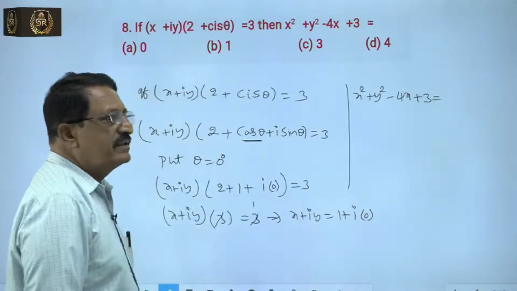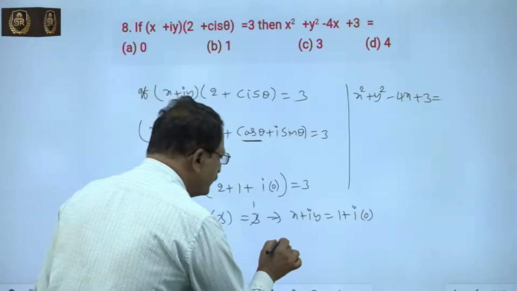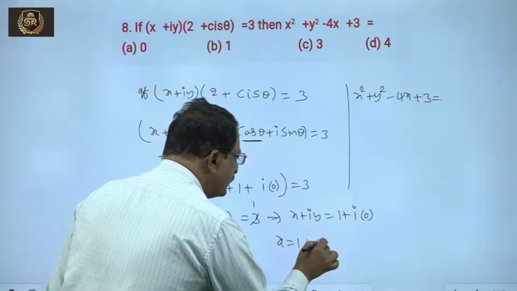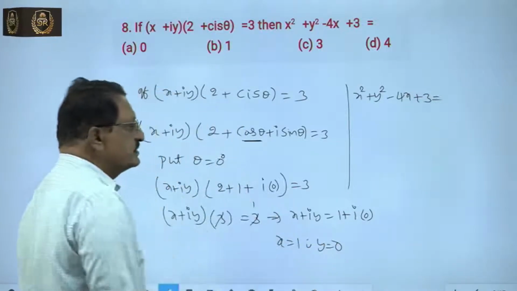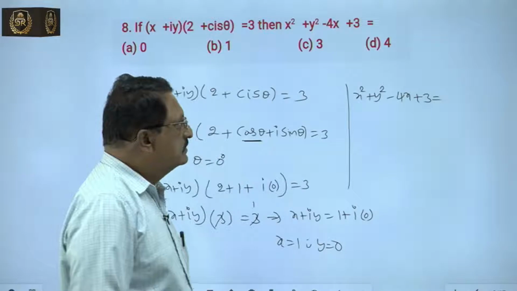Equate real and imaginary parts on both sides. Therefore x equals 1 and y equals 0.